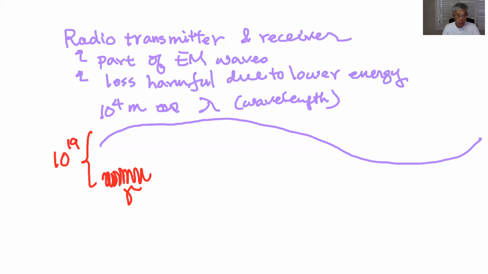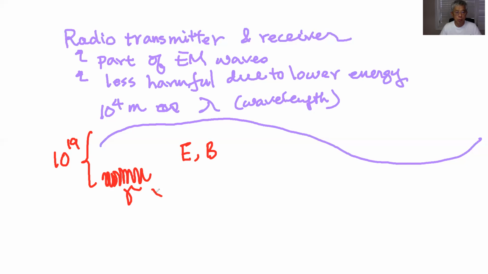So you can see how much more motion. Think of it as your E field and your B field, right? EM wave has E field and B field, so they need to vibrate, doing back and forth.